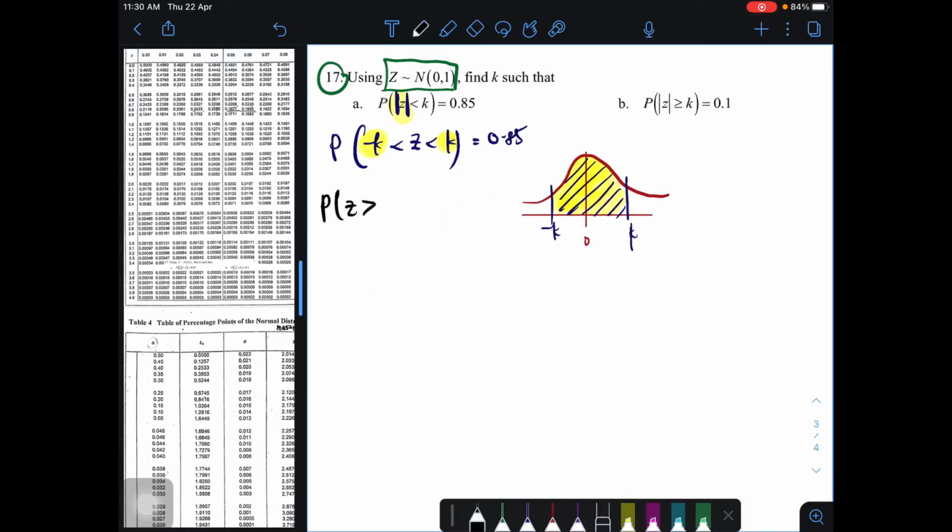My answer is probability of Z is more than negative K, tolakkan dengan probability of Z is more than K, which is equals to 0.85. Okay, so kenapa begini? Kenapa tolak? It's because negative K to the right minuskan dengan K to the right. Therefore, we got the middle region. That's how we do it.